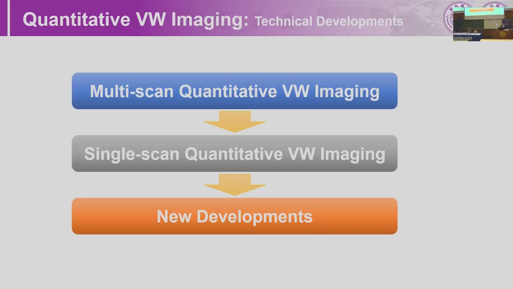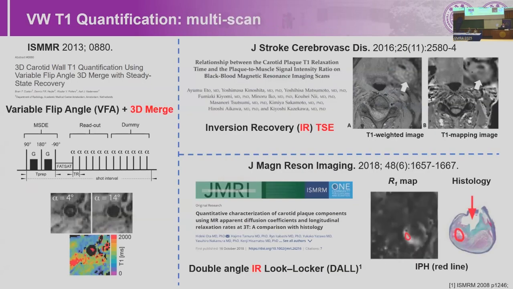The first is multi-scan quantitative vessel wall imaging. The key technique is blood suppression. The blood suppression techniques are quite similar to those of vessel wall imaging, such as IR, inversion recovery, 3D MERGE, MSDE, or something like that.